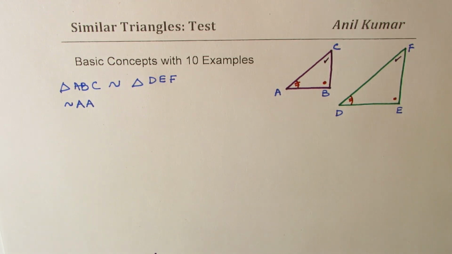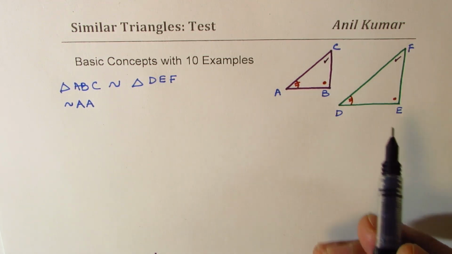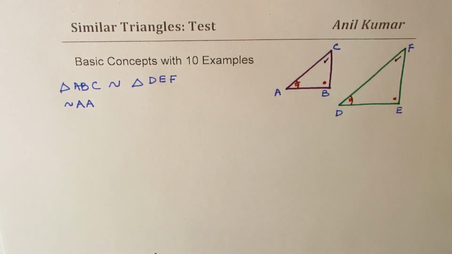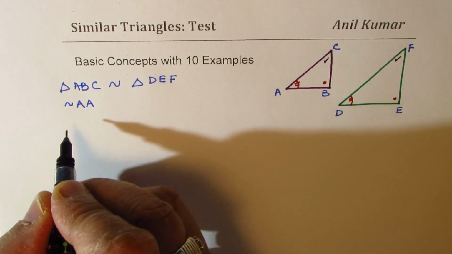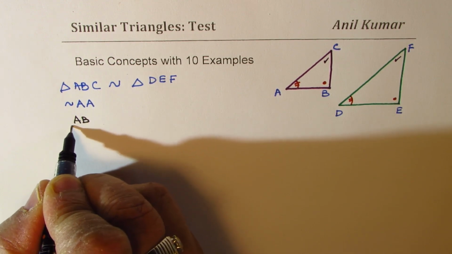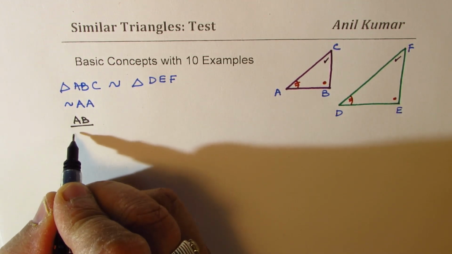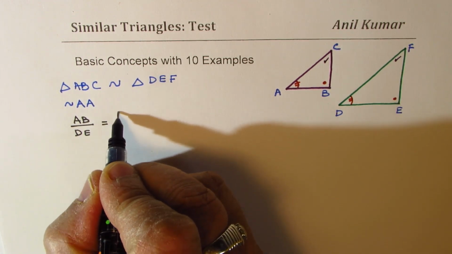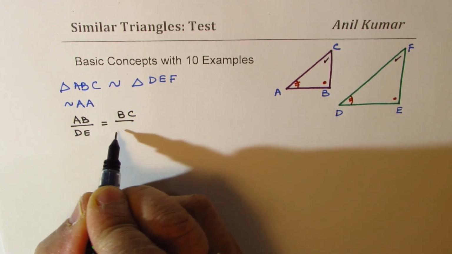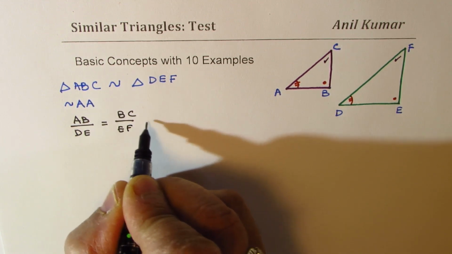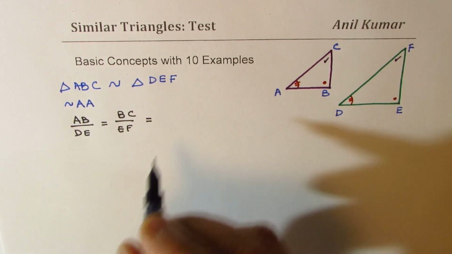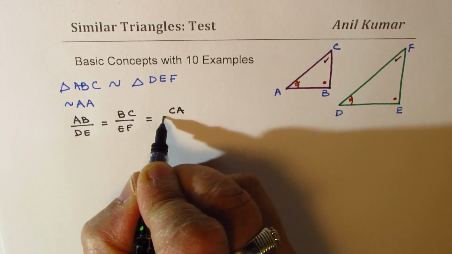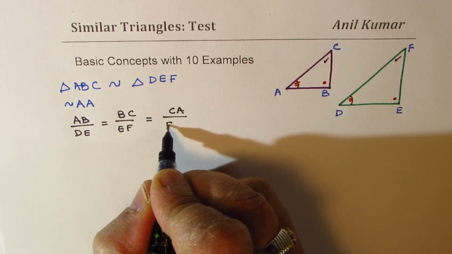Now whenever two given triangles are similar, the ratio of the corresponding sides is equal. That is to say that AB over DE will always be equal to BC over EF, and that will be equal to CA over FD.